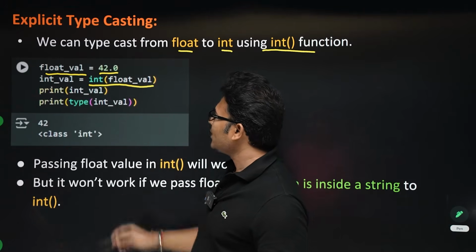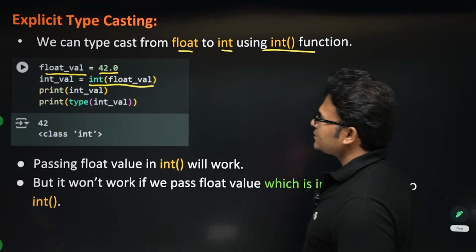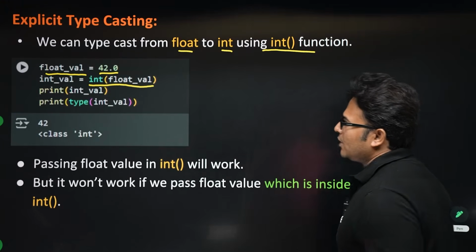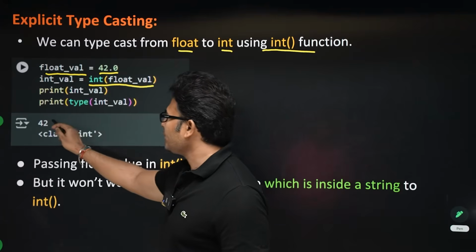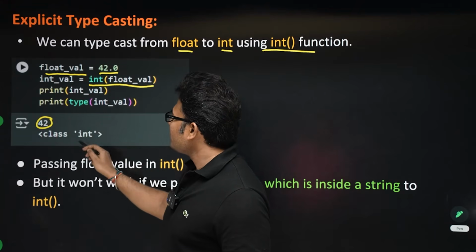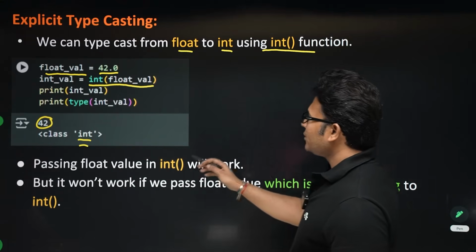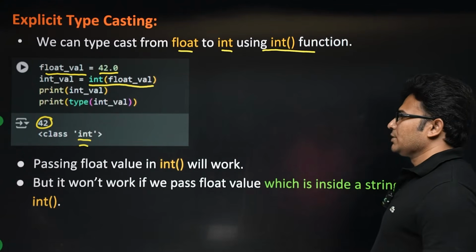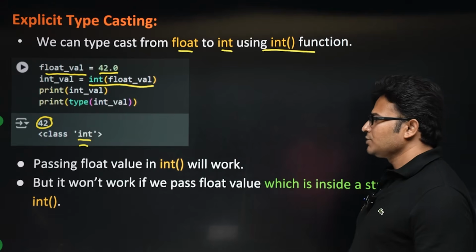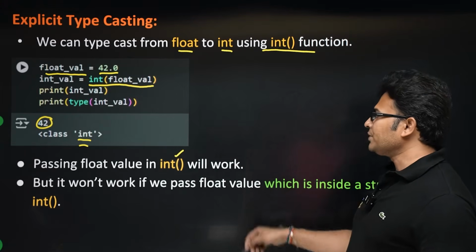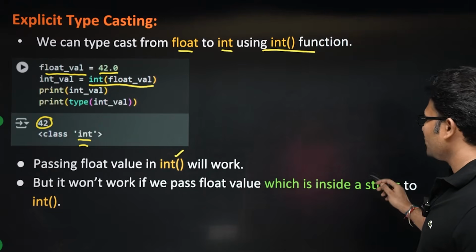Now int of float value will give us the integer version of the float value, right? So what is it? It will be 42. And what is the type of it? It is now converted to integer. Passing a floating value to int will work. Which means you can pass floating values to the integer function, but you cannot pass the strings, right? It will not work when you pass strings.